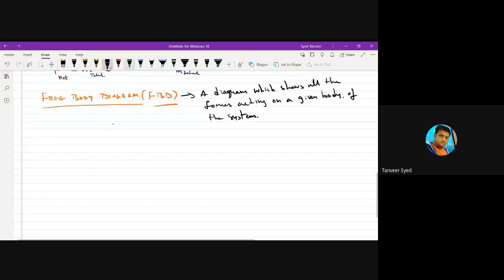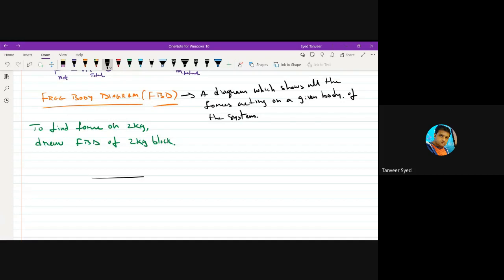For that, to find force on 2 kg, draw FBD of 2 kg. What is FBD of 2 kg? Diagram which shows all the forces acting on 2 kg.